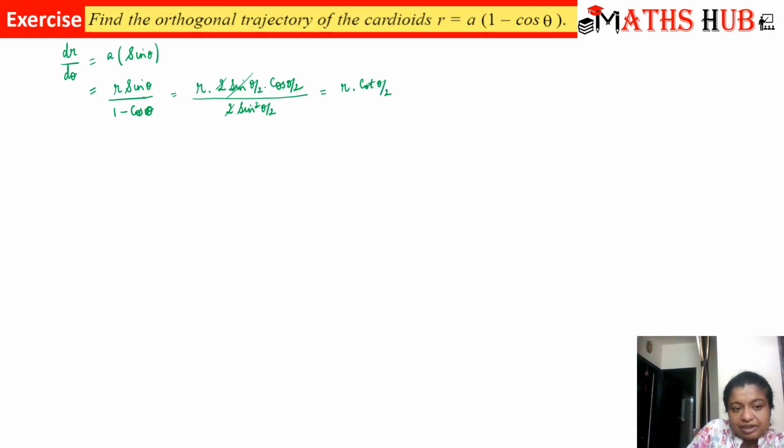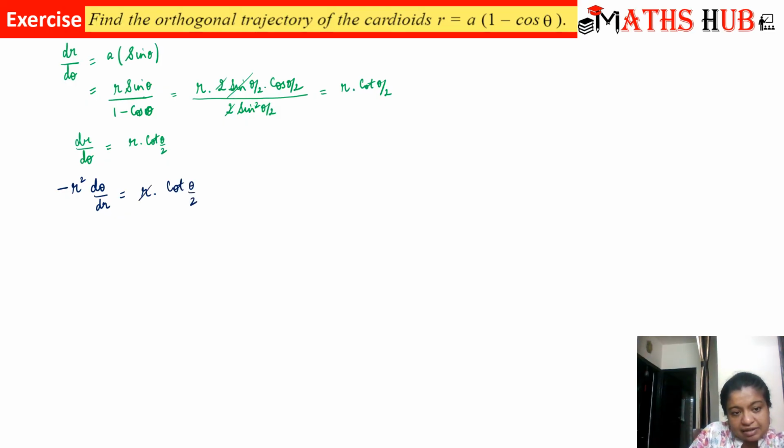So dr by d theta is equal to r cot theta by 2. So let's make the replacement. Let's replace dr by d theta with minus r square d theta by dr. This is equal to r into cot theta by 2.